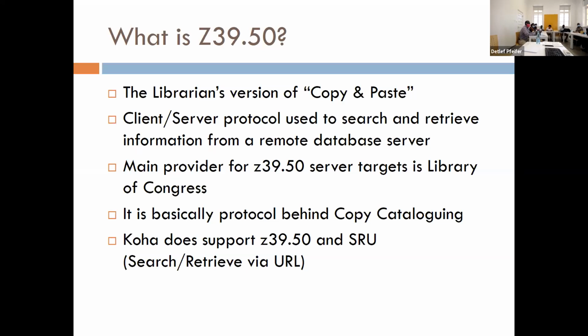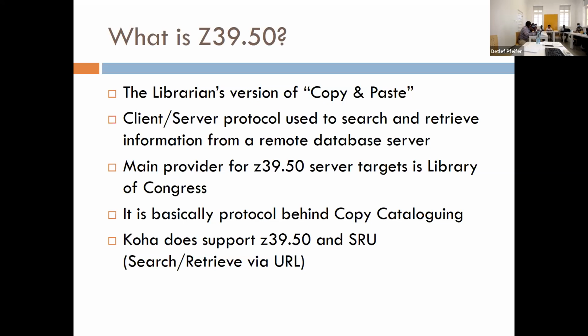By default, Koha comes with maybe two targets defined, or one. But you can add additional targets. So this is basically what I just wanted to bring in here: don't settle on the default targets that come configured on the system. You can actually add your own targets.